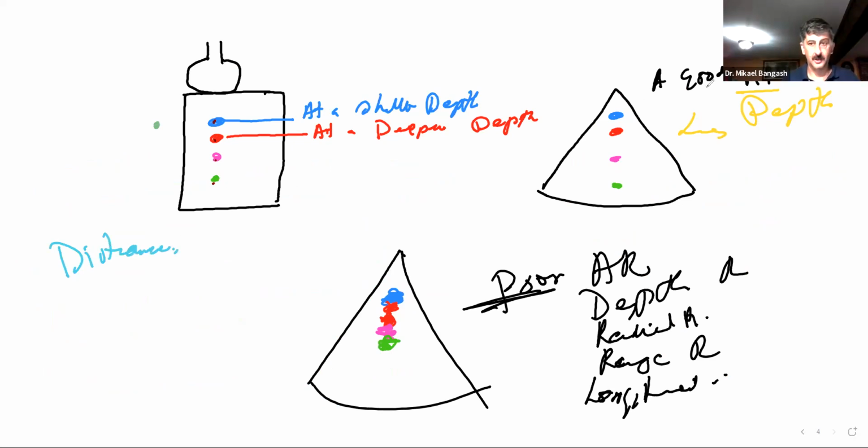Your axial resolution is going to be expressed in a unit of distance, which can be millimeters, it can be centimeters, as long as it's any unit of distance, or we can say length, physical length.